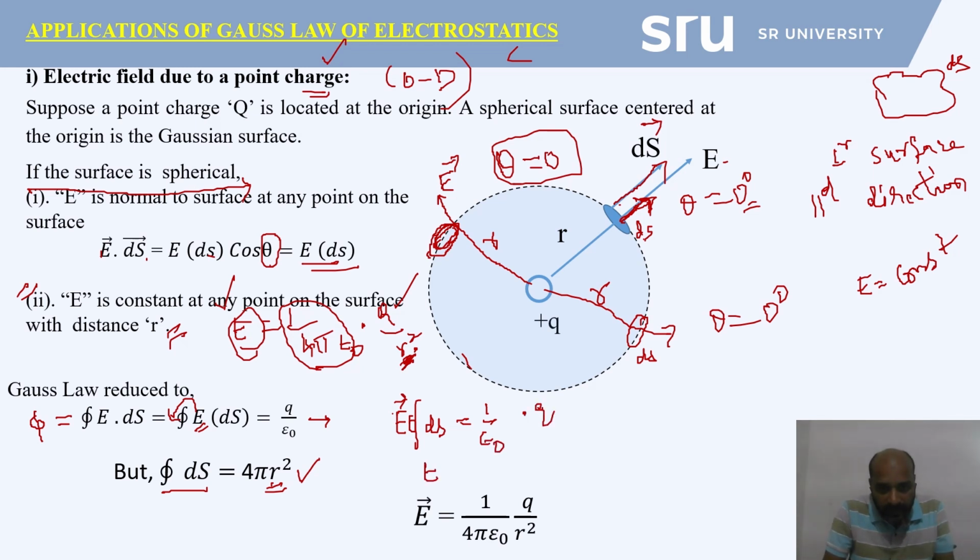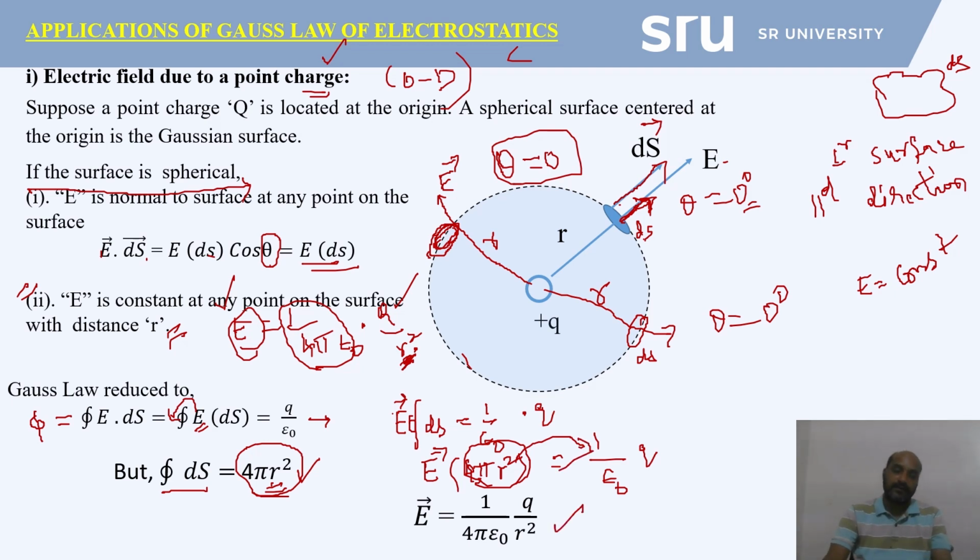So E times the total surface area, 4 pi r square, is equal to 1 by epsilon naught times q. Now take this 4 pi r square to the right side. So the equation will be E equals 1 by 4 pi epsilon naught q by r square. So this is the calculation of electric field by applying Gauss law of electrostatics for a point charge.